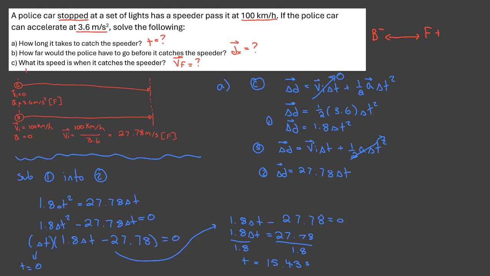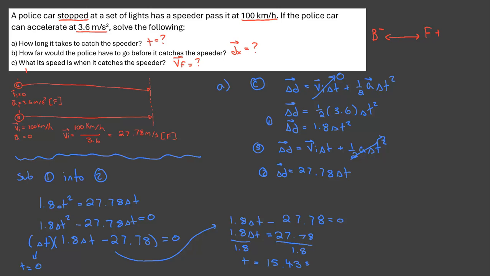Really cool thing here, right? Because we know that initially at time 0, based on how we set up our question, they're going to have the same distance. This is what this is telling us. What we just solved for here are the 2 points in which the cop and the speeder intersect with each other.